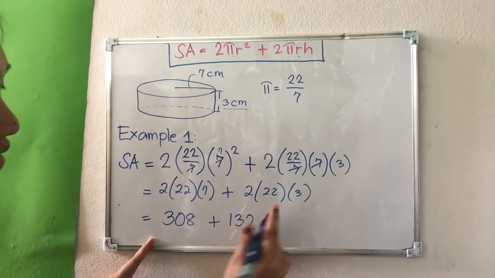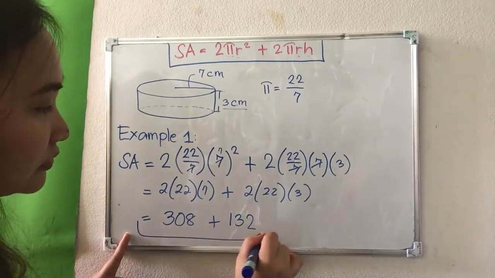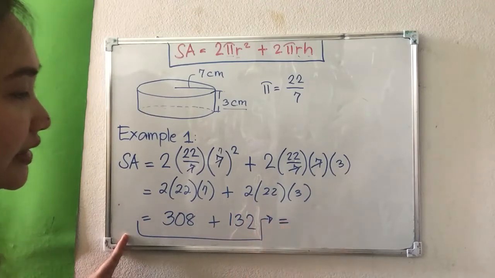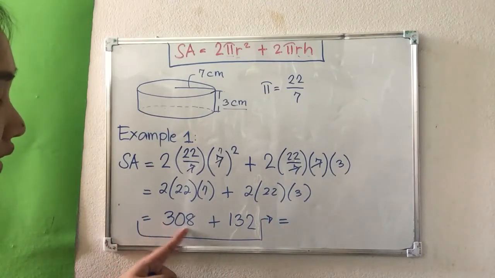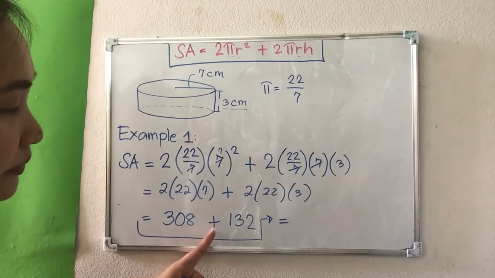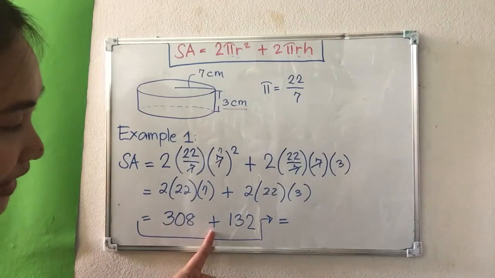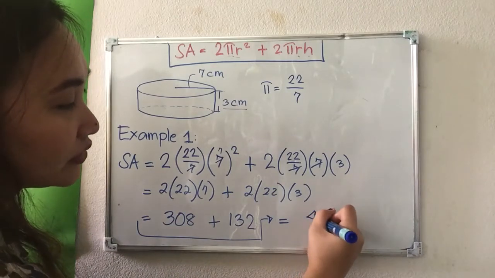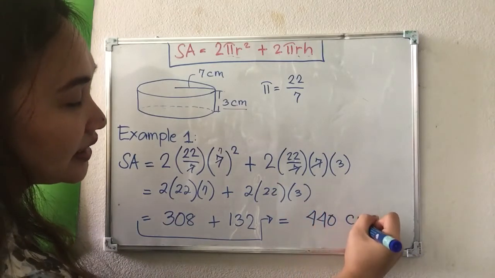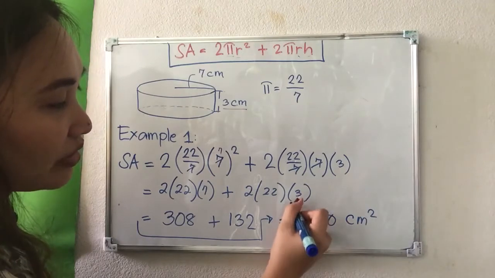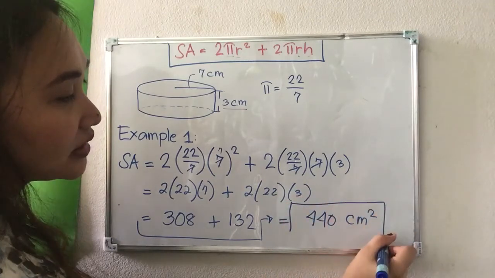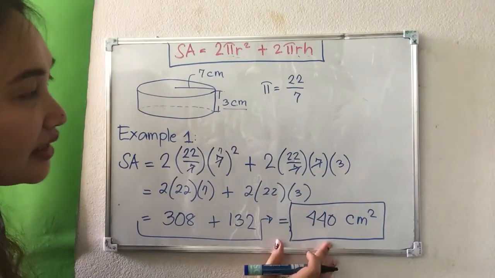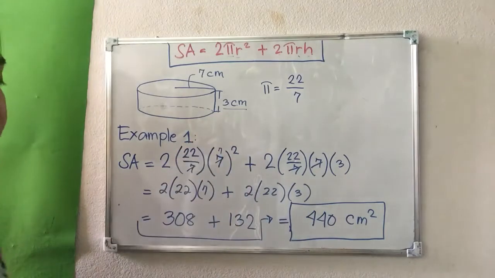Simplifying, 308 plus 132 is equal to 440 centimeters squared. So this is the surface area of this example.